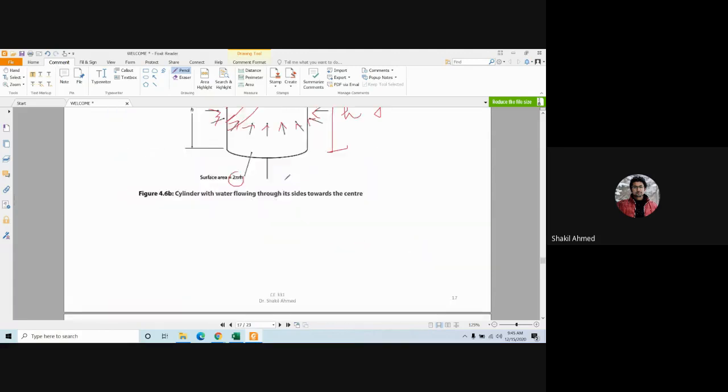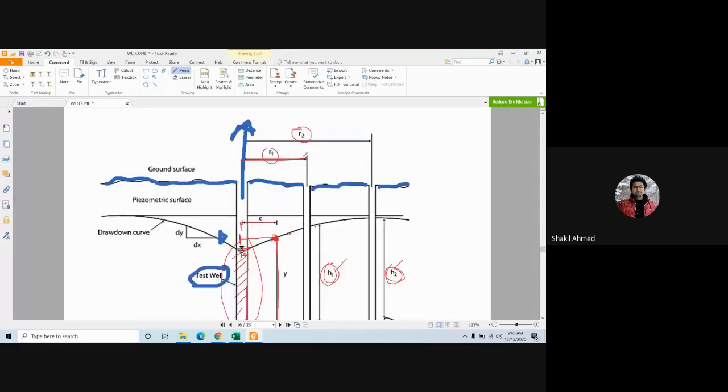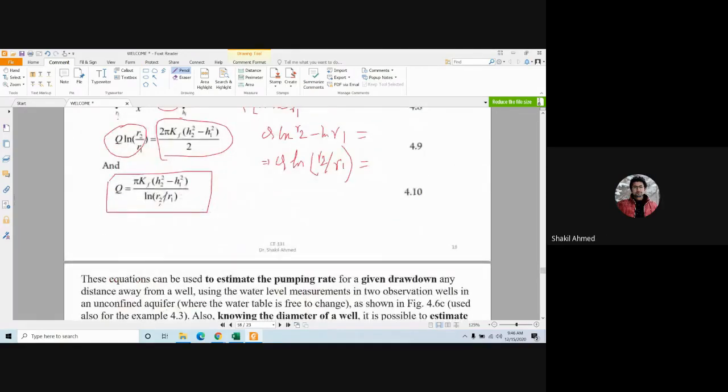R2 is the farthest one. R1 is the nearest one. Number 2 is the farthest one, 1 is the nearest one. Is it clear? Yes, sir. So the farthest one, R2, is the higher.